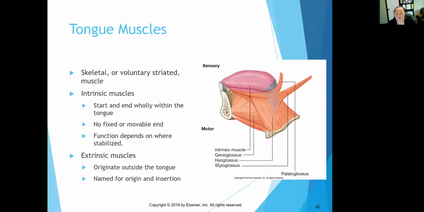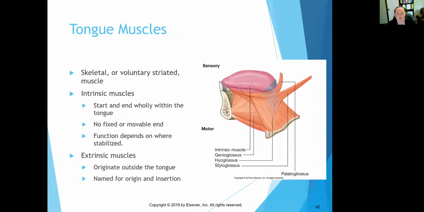So when we talk about tongue muscles, they are skeletal or voluntary striated muscles. We have muscles within the tongue that start and end all within the tongue, okay? There's no fixed or movable end, and the function depends on where it's stabilized.